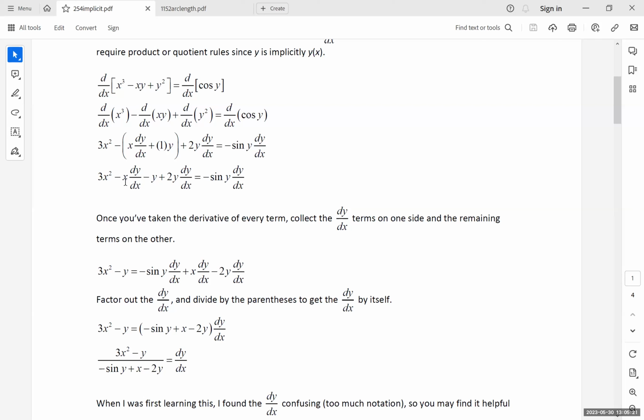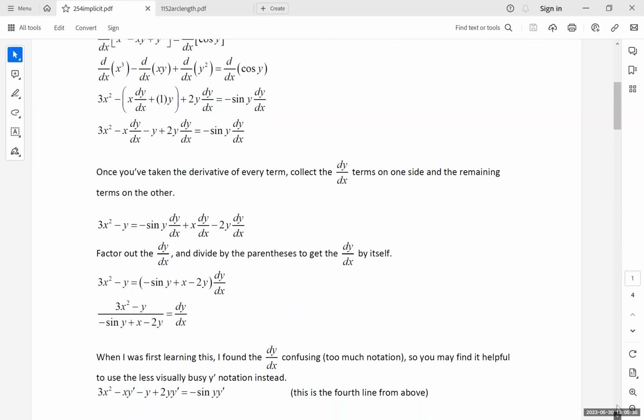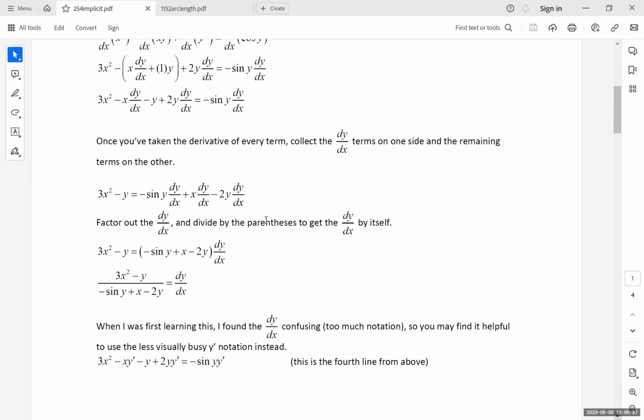I'm going to add x dy/dx to this side, and then subtract 2y dy/dx from this side also. So now the left side has only terms that do not contain dy/dx, and the right side has only terms that do contain dy/dx.